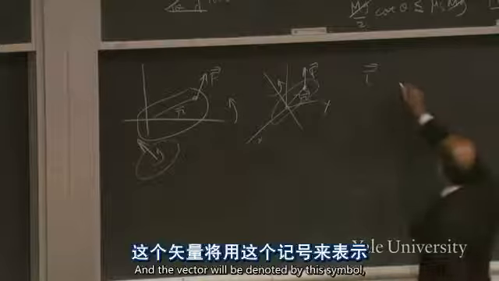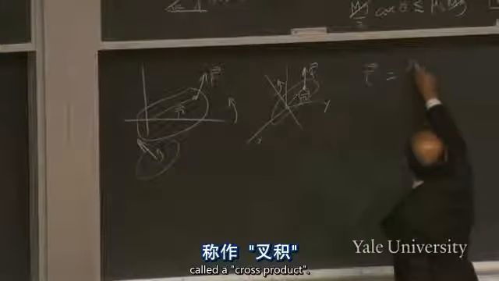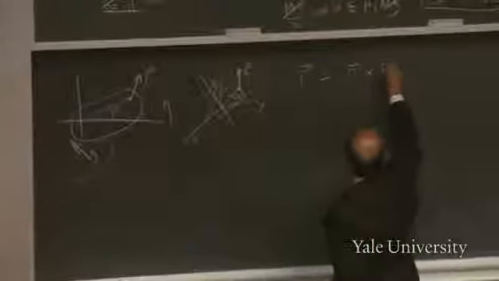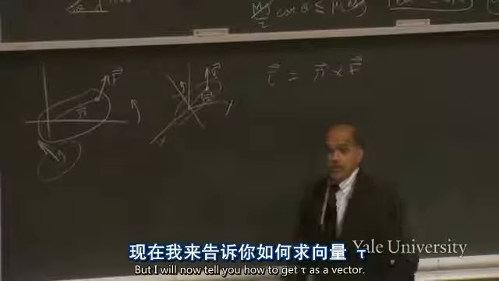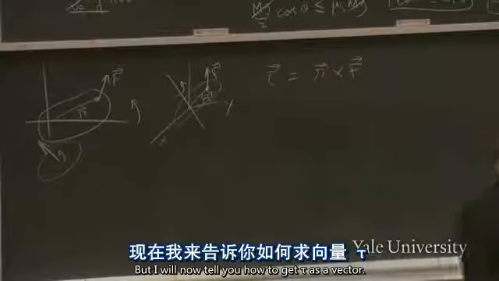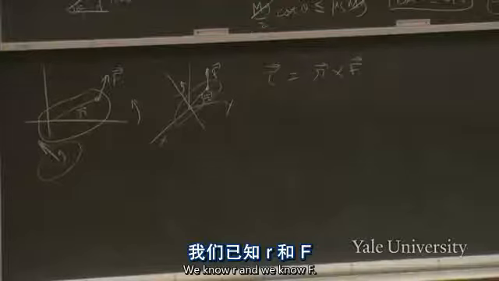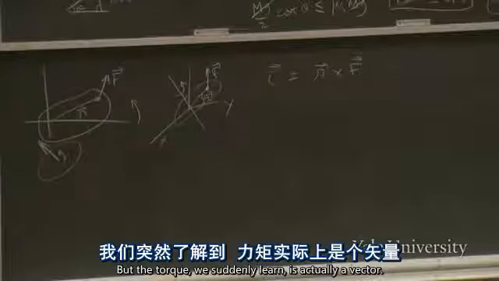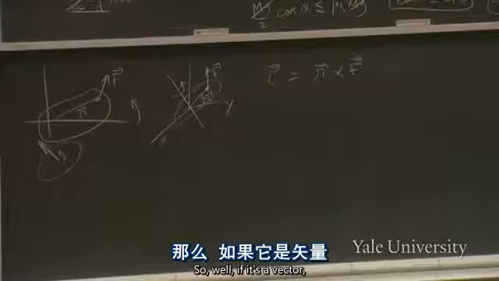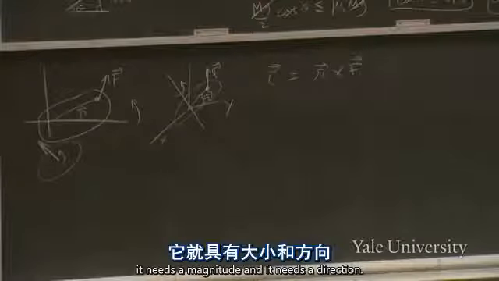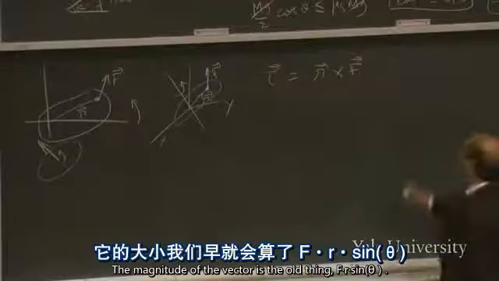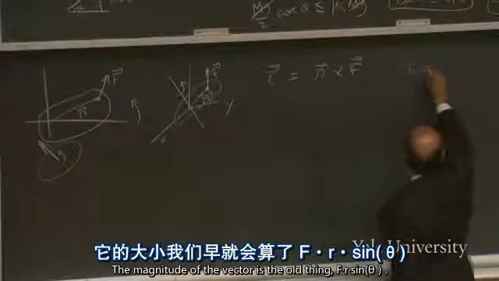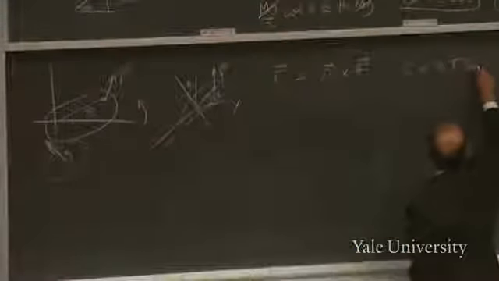And the vector will be denoted by this symbol called the cross product. But I will now tell you how to get tau as a vector. We know R and we know F. But the torque we suddenly learn is actually a vector. So, well, if it's a vector, it needs a magnitude and it needs a direction. The magnitude of the vector is the old thing, F R sine theta.